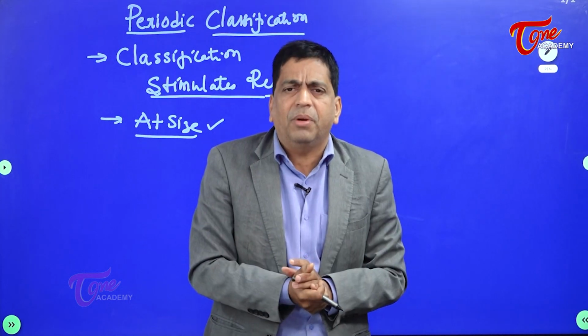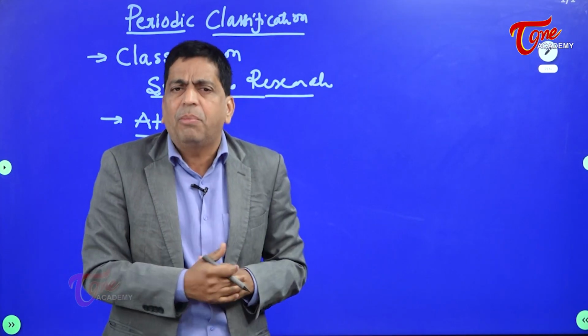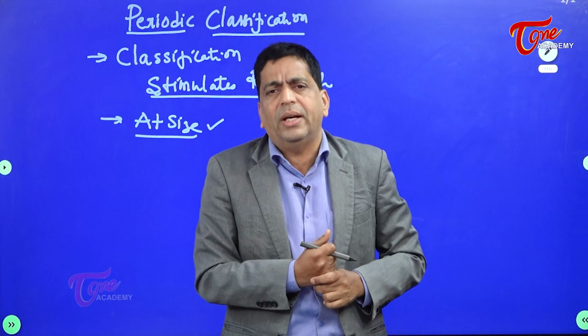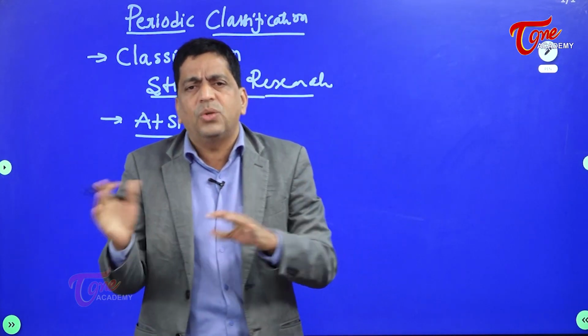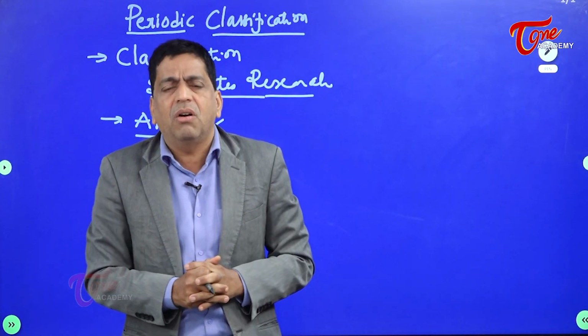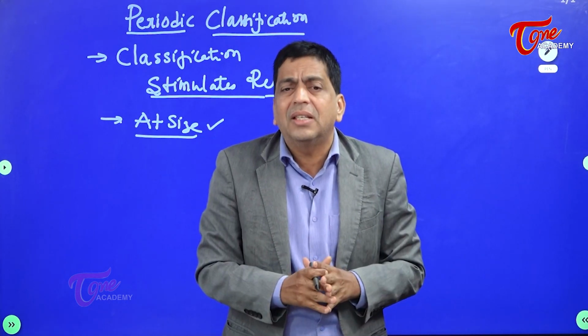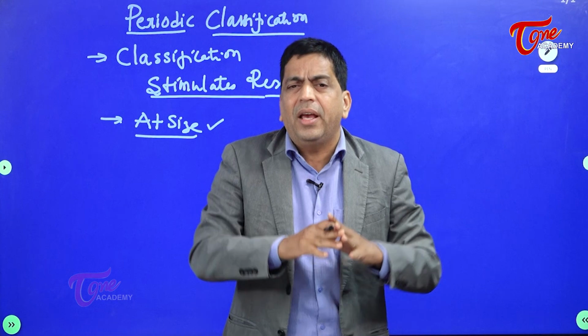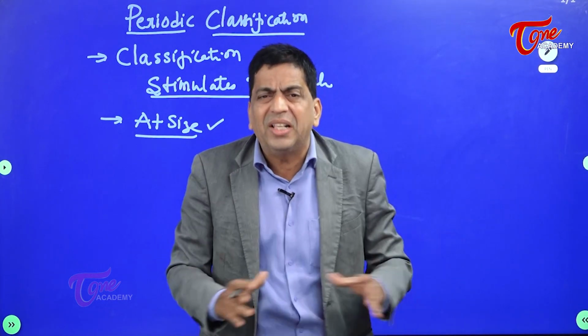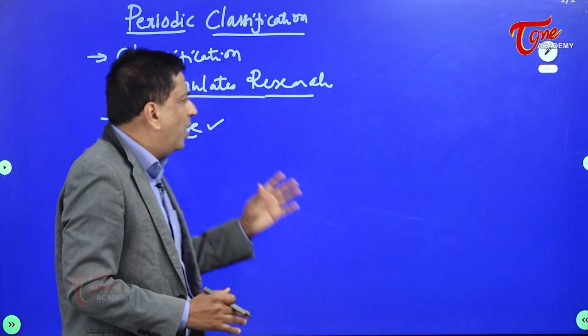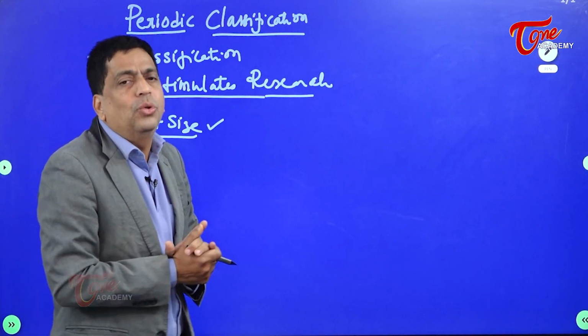You can also have physical properties, the melting points, boiling points, or physical states, as well as the chemical properties. The basic difference in these properties basically boils down to atomic size, mind you that.